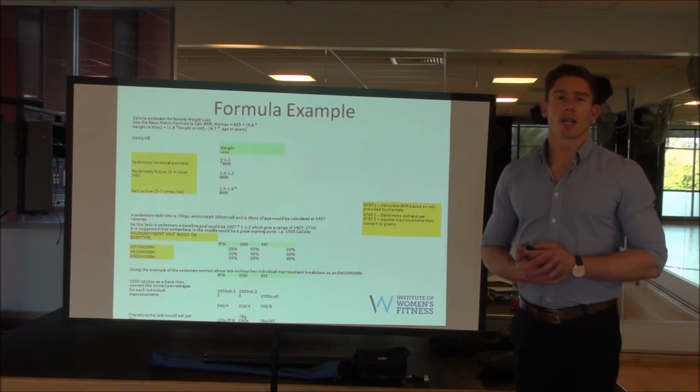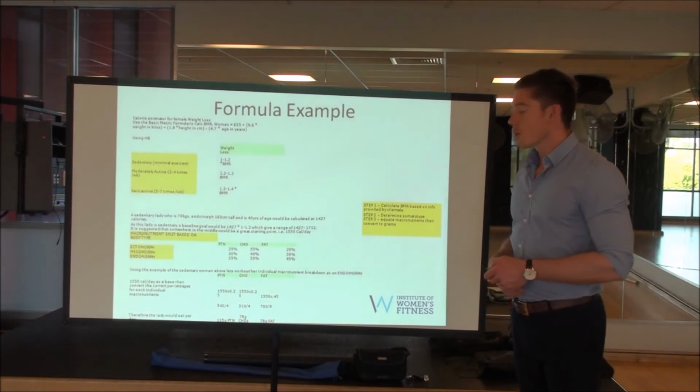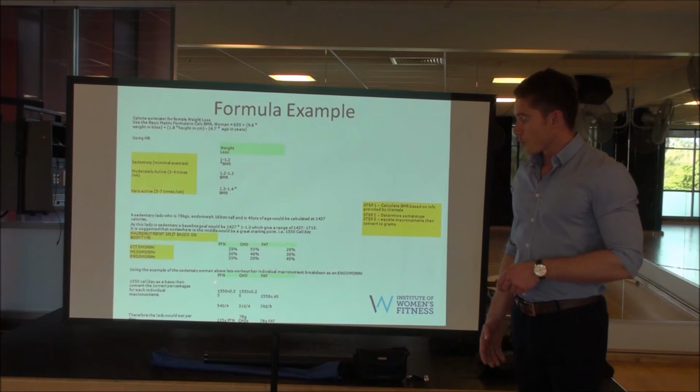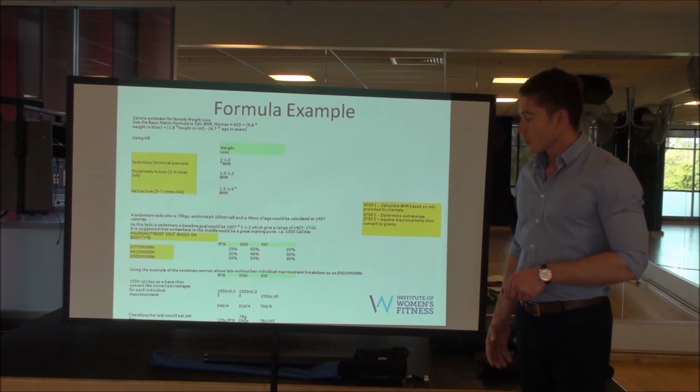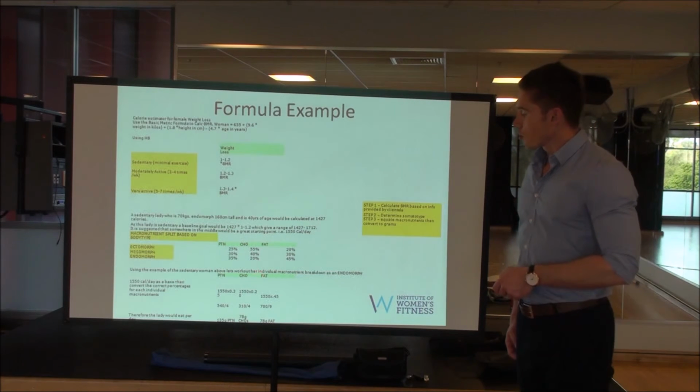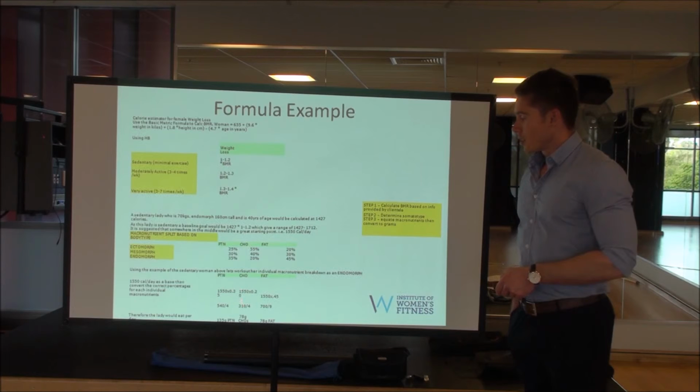They don't want to know in calories how much that is, they want to know in grams. So 540 divided by 4, which is the calories per gram of protein, gives us 135 grams of protein per day. The same would be done for carbohydrates, 310 divided by 4, and fat, 700 divided by 9.